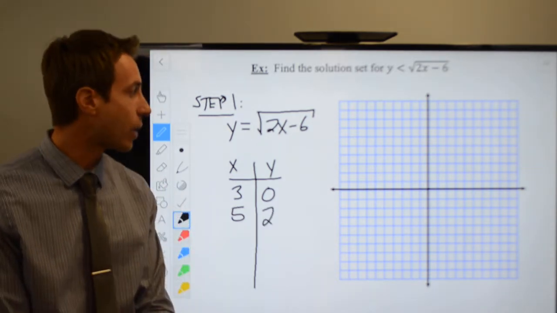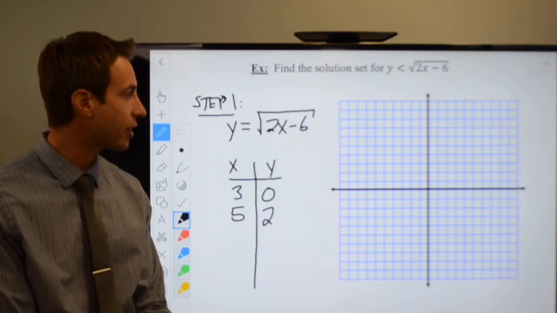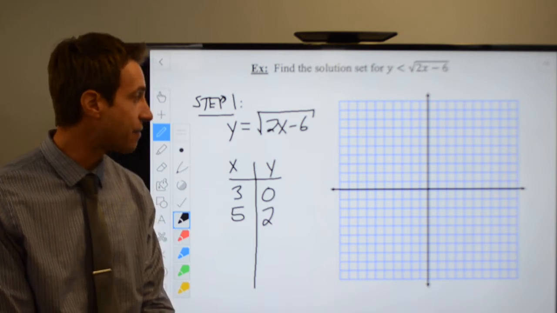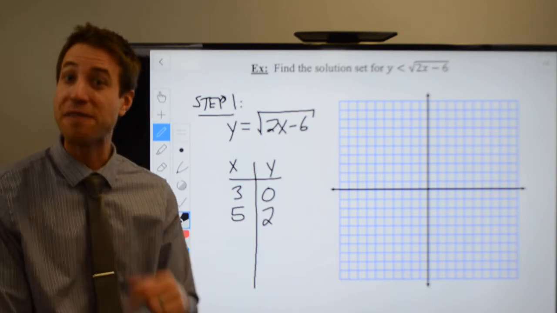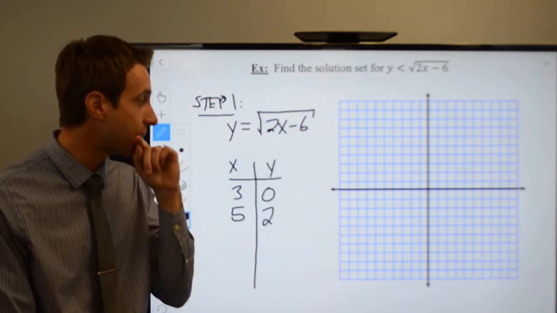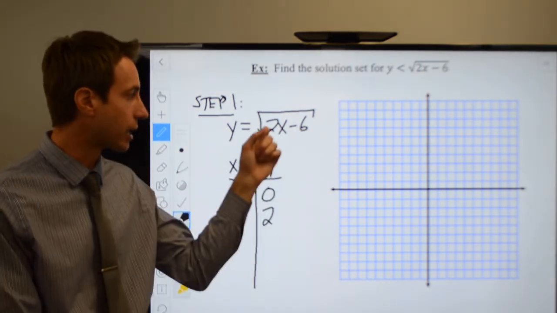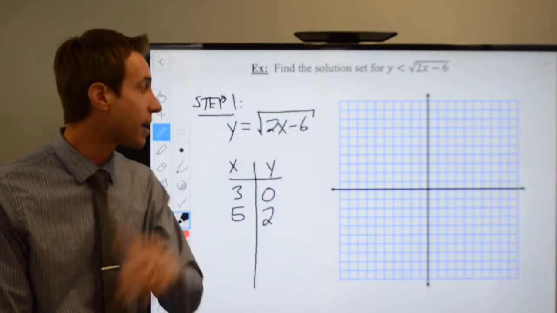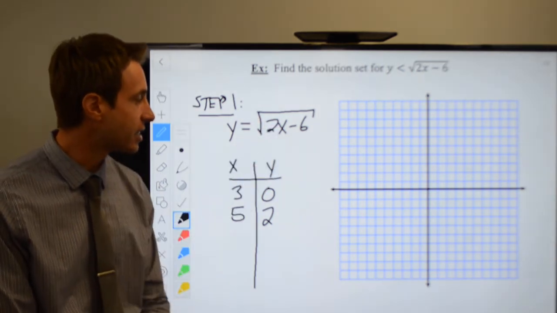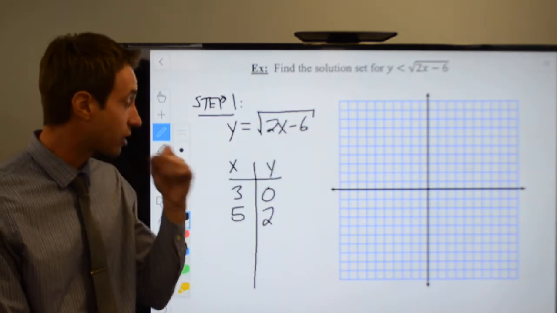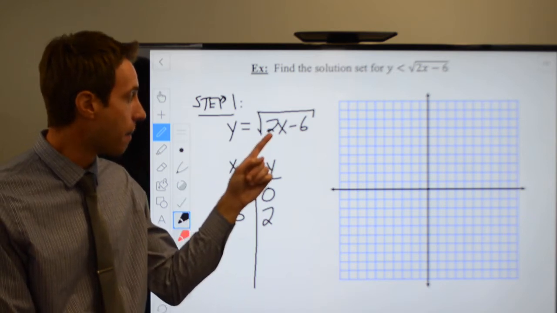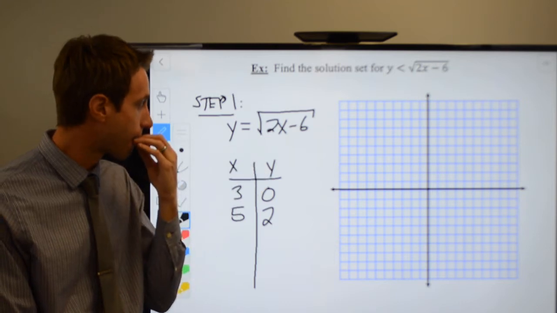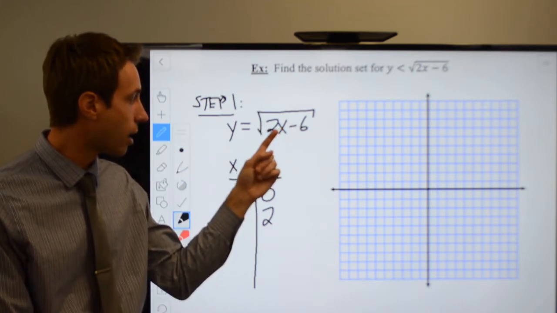My next perfect square is 9, right? So I need to figure out how to get a 9 under here. To do that, I'd have to have 15, right? 15 minus 6 is 9. But there's no non-decimal I can multiply by 2 and get 15. So that's not going to work. What about 16?